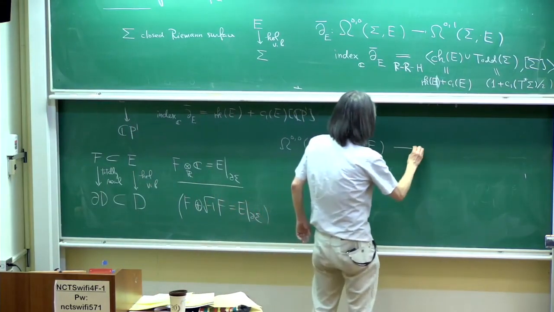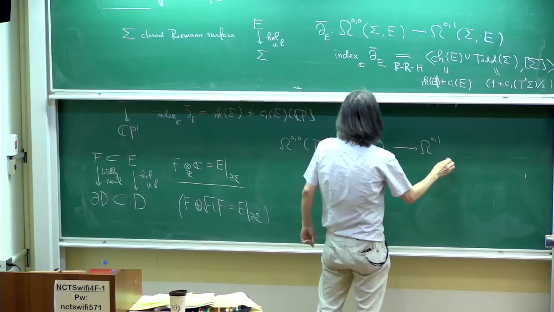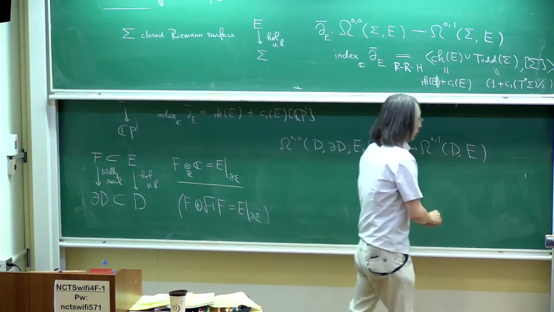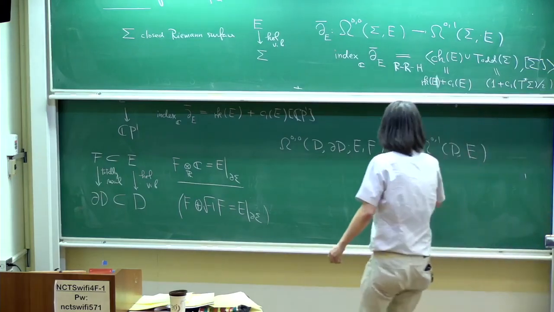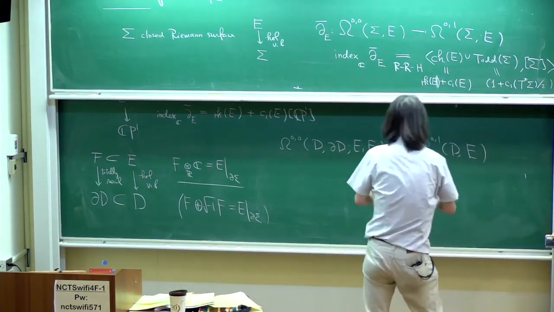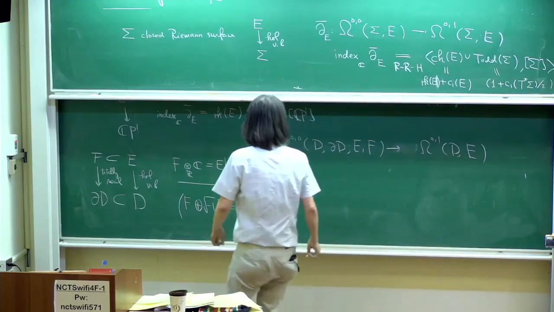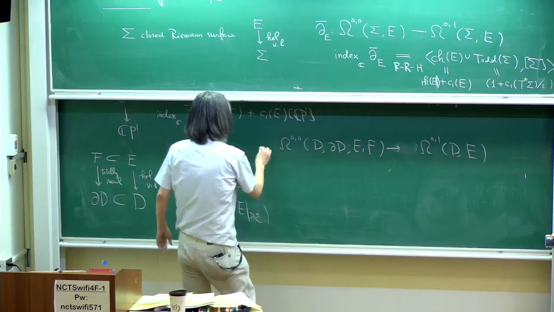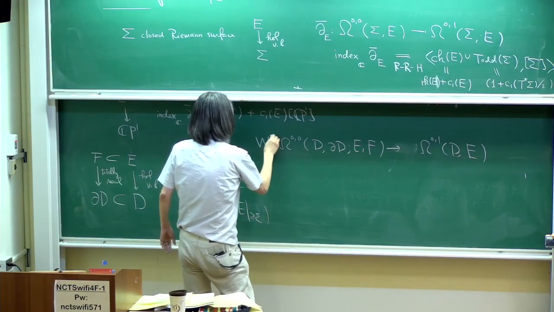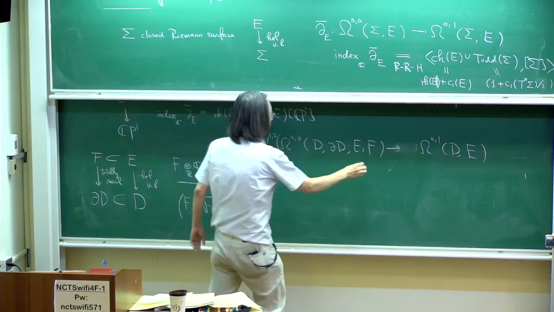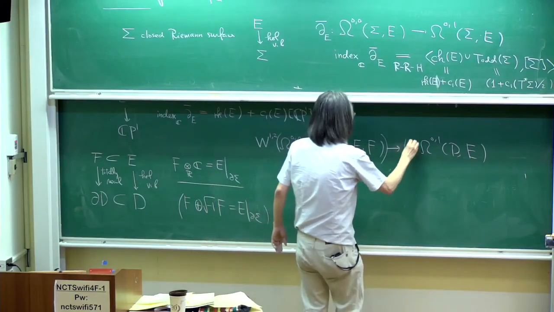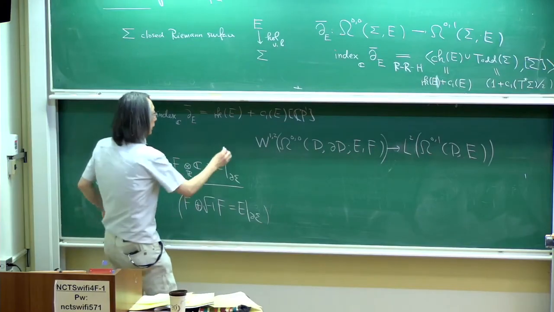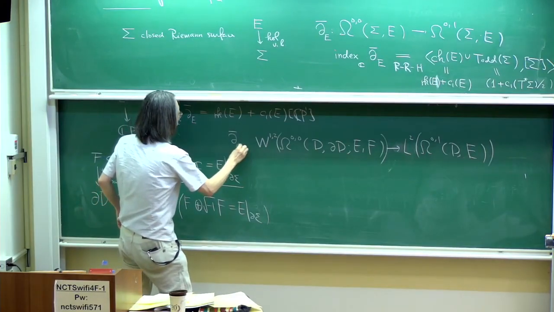And then you may consider this omega 0,1 of the disk and E. In this case, maybe I may take a certain completion, like a Sobolev space completion. Then maybe here I take a W^{1,2} space, and here an L^2 space. And then we consider such an operator, like d-bar here.